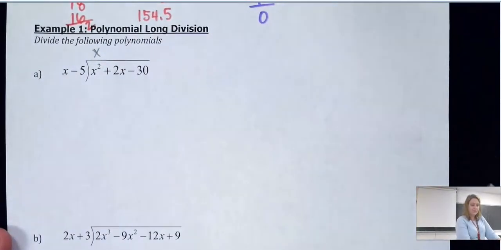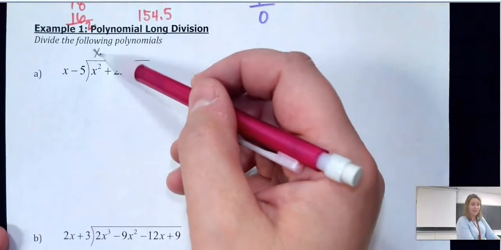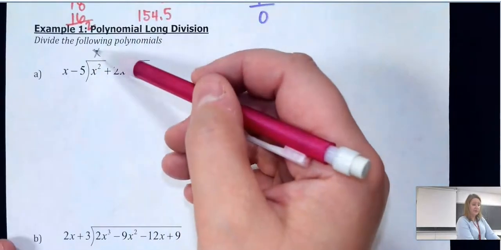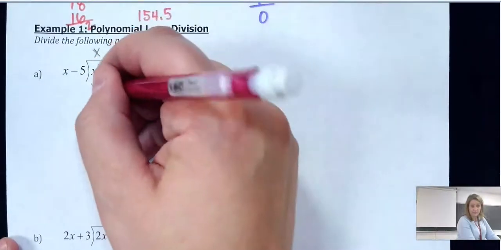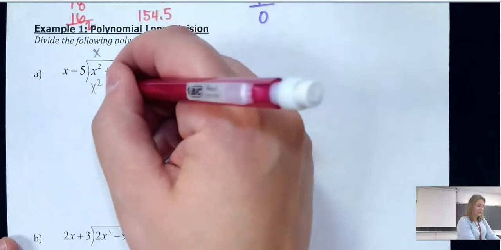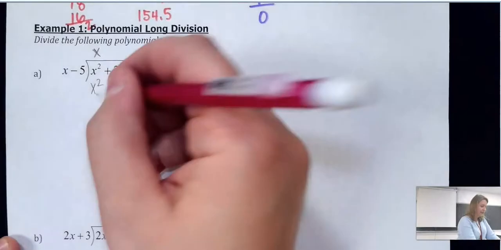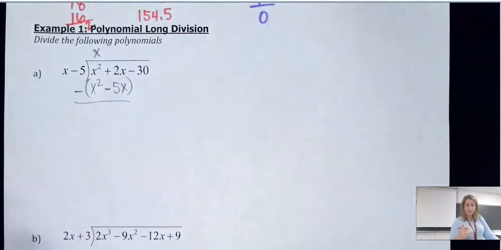Now, when you do this, if you remember the process from long division, you take what's on top and you multiply it by what's outside here. So I'm going to multiply it by both of these terms. x times x is x squared, and x times this negative 5 would be negative 5x, and I'm just lining those up. And if you remember the subtraction between each of the steps in long division with numbers, we're going to do that with polynomials too.